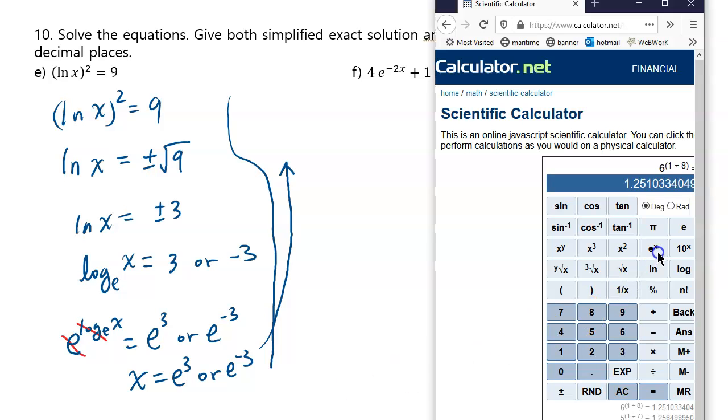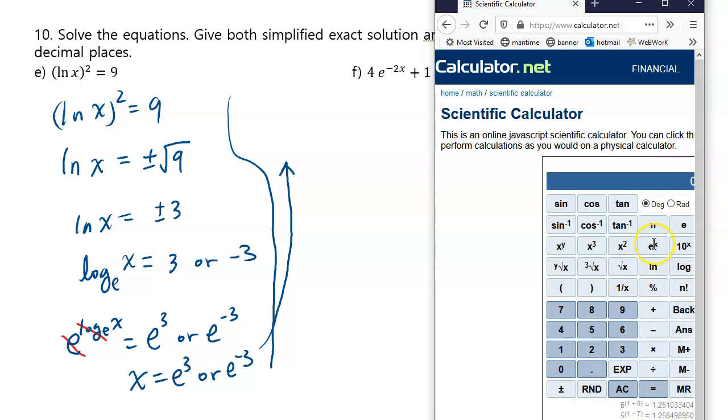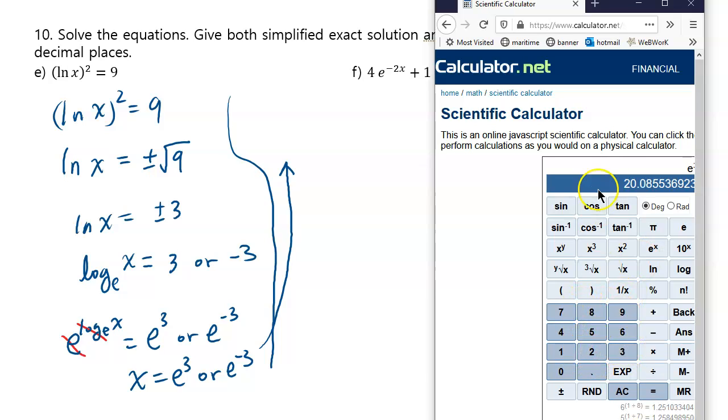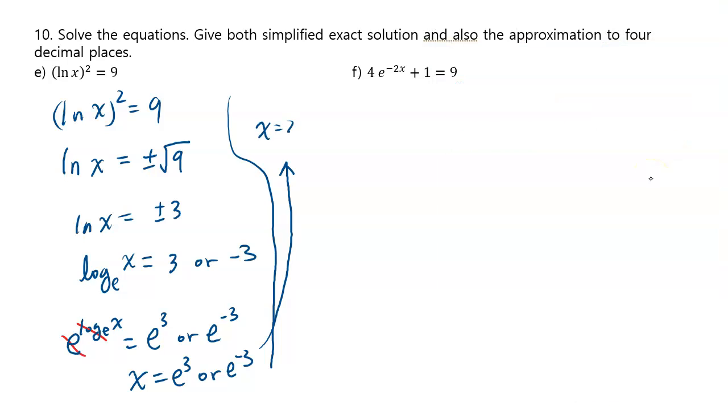And here it has e to the x, and that's very convenient because I don't have to type e. E to the power of 3 is 20.0855. So 2008 is 4 significant figures, and the 55 rounds up. So 20.09 will be e to the 3. So you have x equals 20.09.